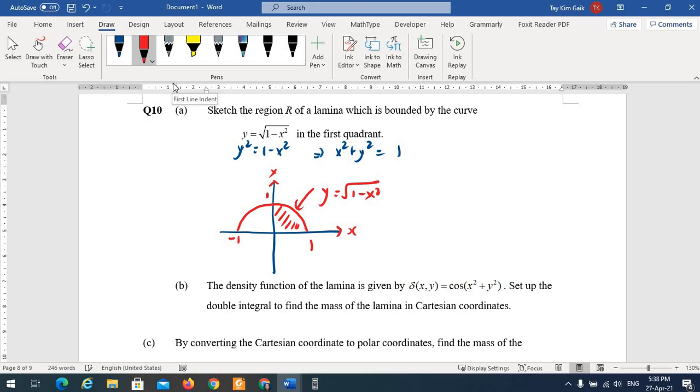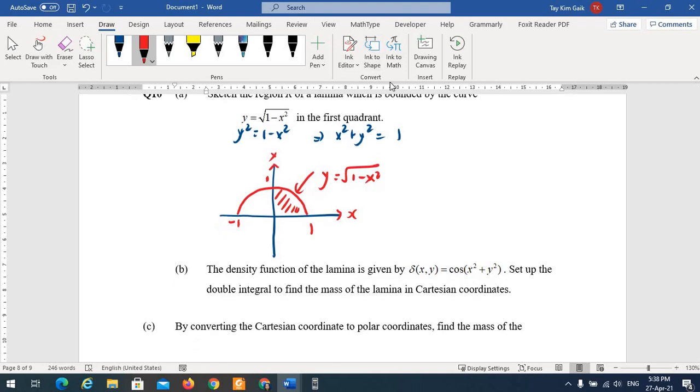And part B, the density function of the lamina is given by delta of x, y equal to cos of x squared plus y squared. Set up the double integral to find the mass of the lamina in Cartesian coordinates. We want to set up in Cartesian coordinates.